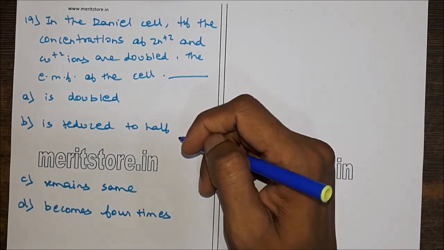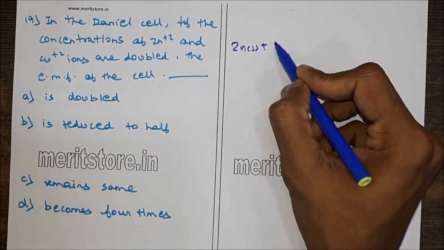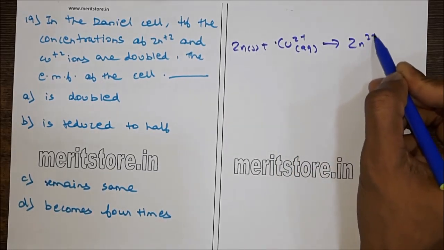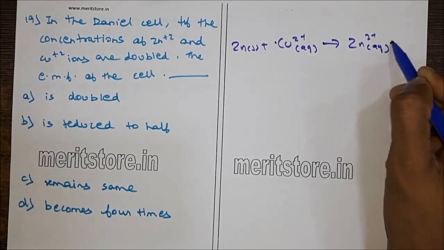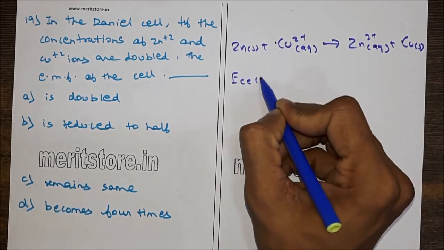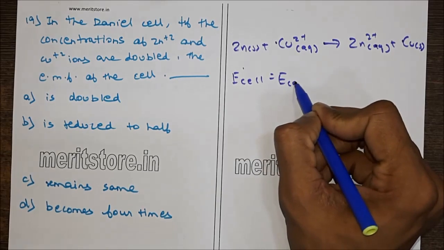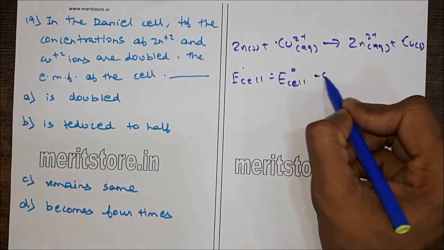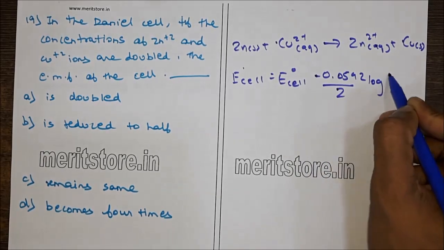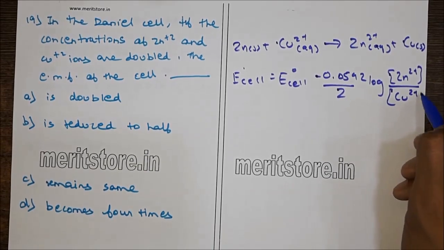The overall cell reaction for a Daniell cell can be given as Zn solid plus Cu²⁺ aqueous gives Zn²⁺ aqueous plus Cu solid, where E cell equals E° cell minus 0.0592 upon 2 log of Zn²⁺ upon Cu²⁺.